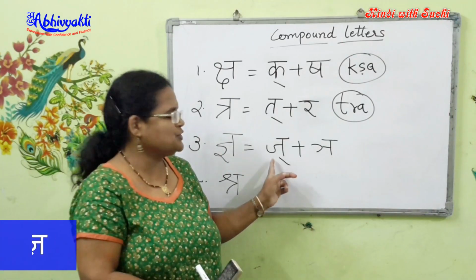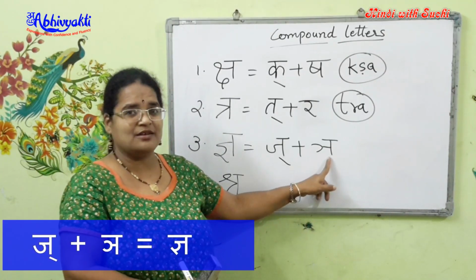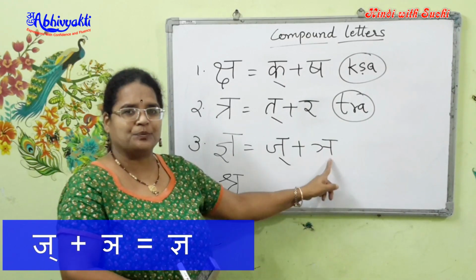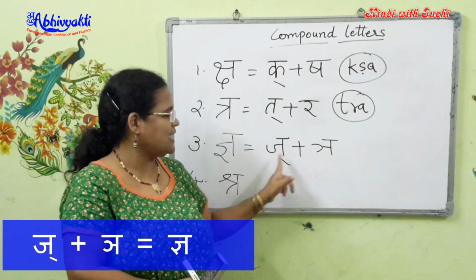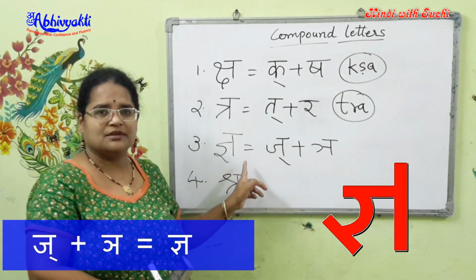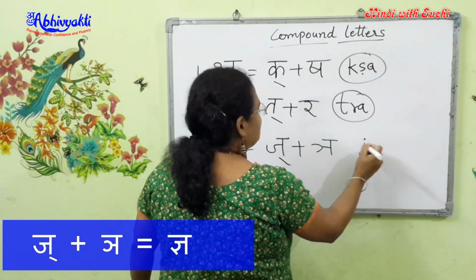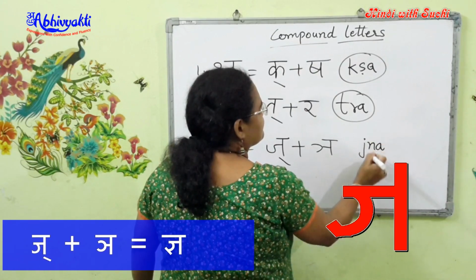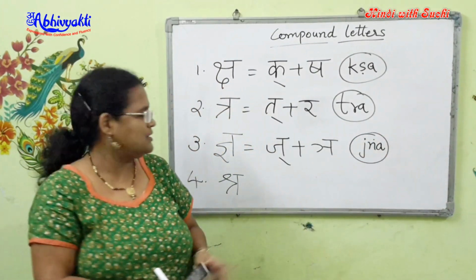So this is a combination of J and the fifth letter, the fifth N of the same Ch group. Ch, chh, j, jh, ñ. So this and J, these together give me Ñ. Now the transliteration would be Ñ.